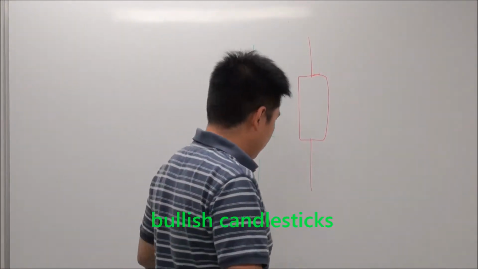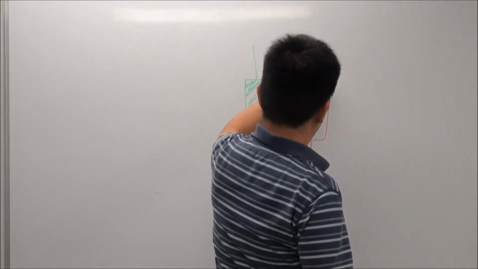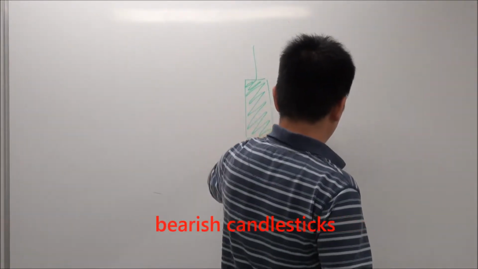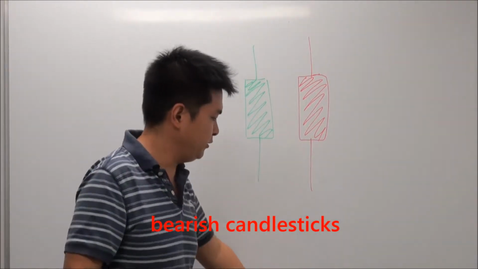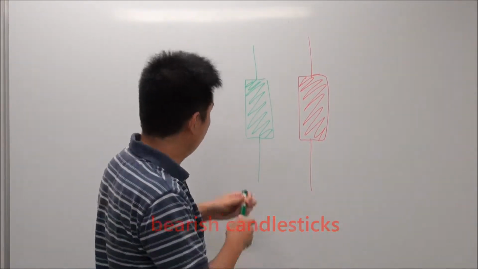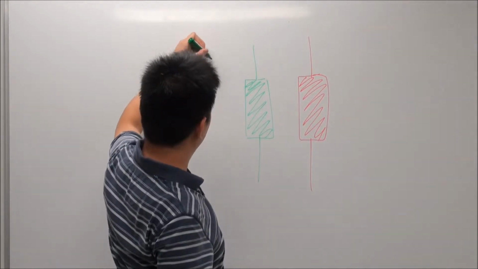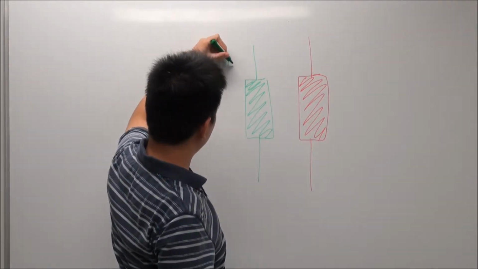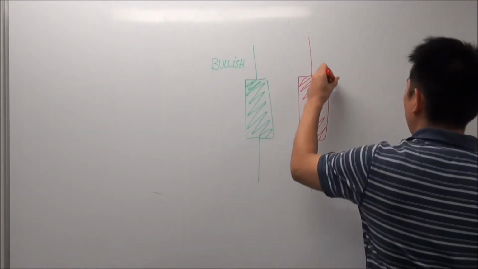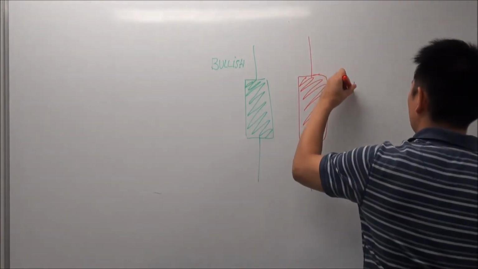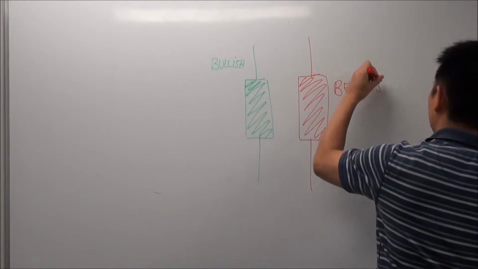And there is another kind called bearish candlesticks that I'm going to represent in red. So let's write here bullish candlesticks and bearish candlesticks.